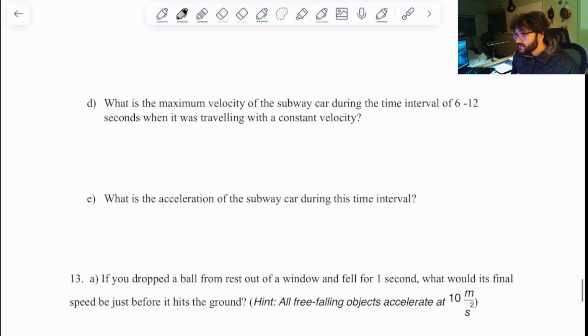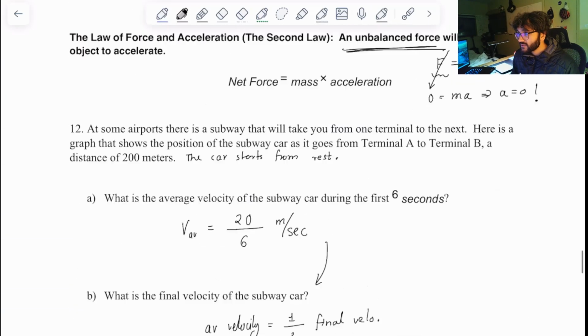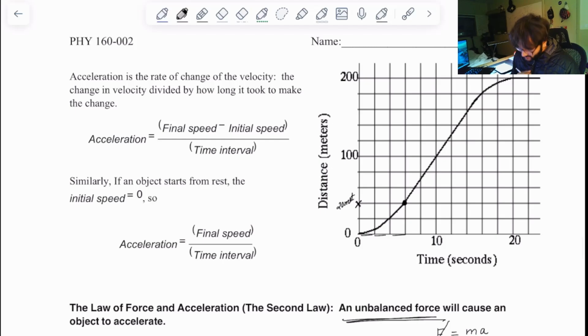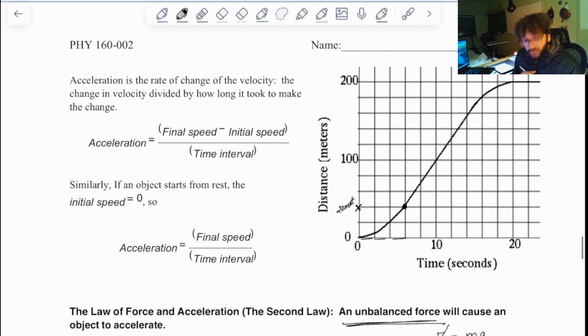Question number D is, what is the maximum velocity of the subway car during the time interval of 6 to 12 seconds when it was traveling with a constant velocity? Okay, so it says that between 6 to 12 it travels with constant velocity. So we should be able to see that between 6 to 12 seconds it is traveling in a straight line.